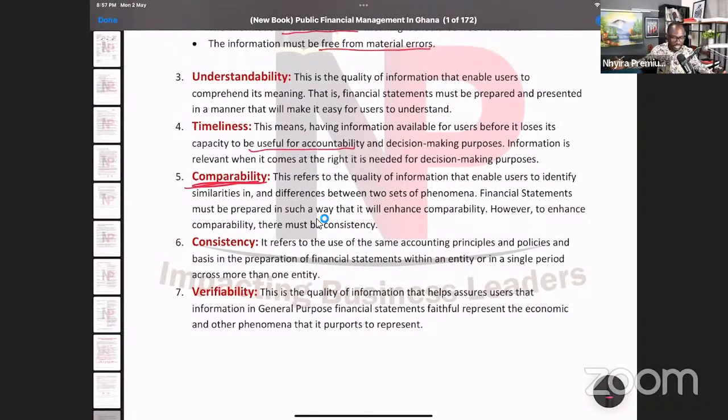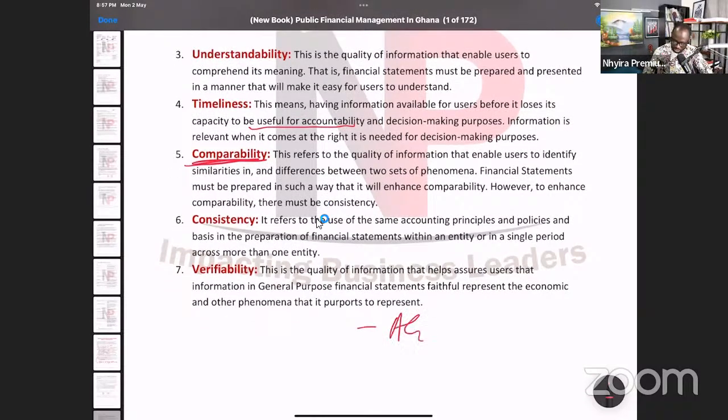But the last thing is that the financial statement should be verifiable. It simply means that the financial statement must be prepared in such a way that it can be verified from other sources. Now, that can be done through the audits of the financial statement, and also from international organizations.